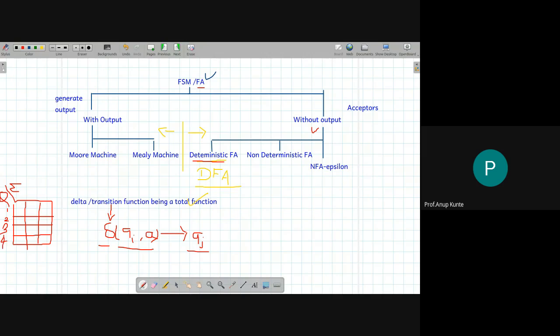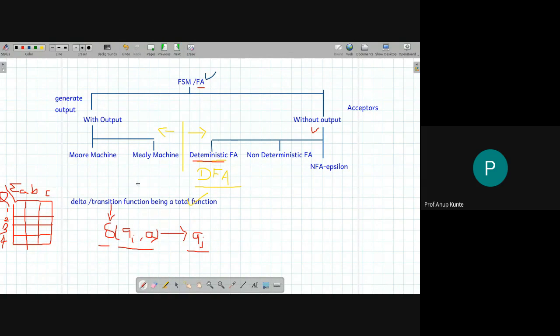Input symbol 1 I refer to as A, second as B, and third as C. So there are four states of computation and three input symbols for this example transition table.